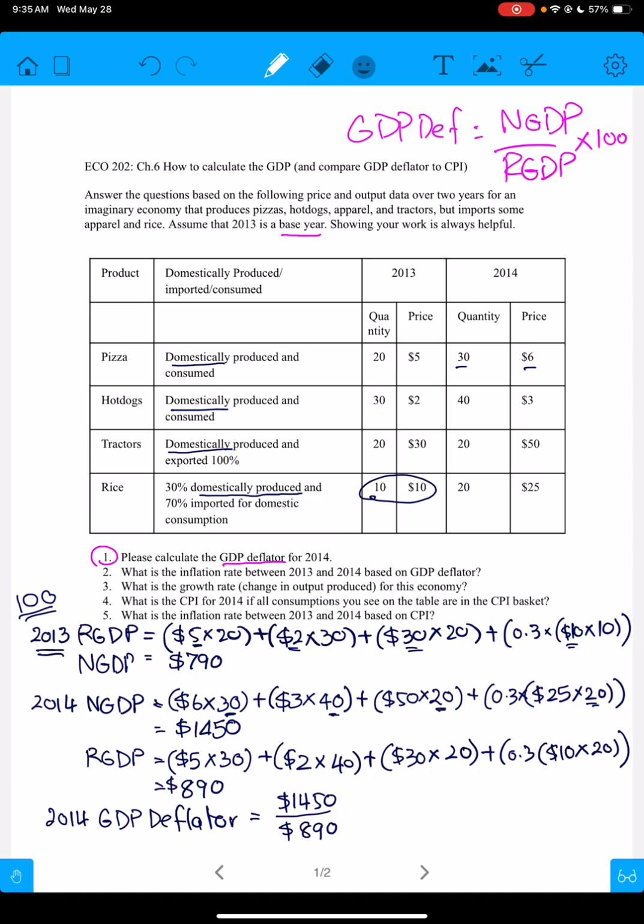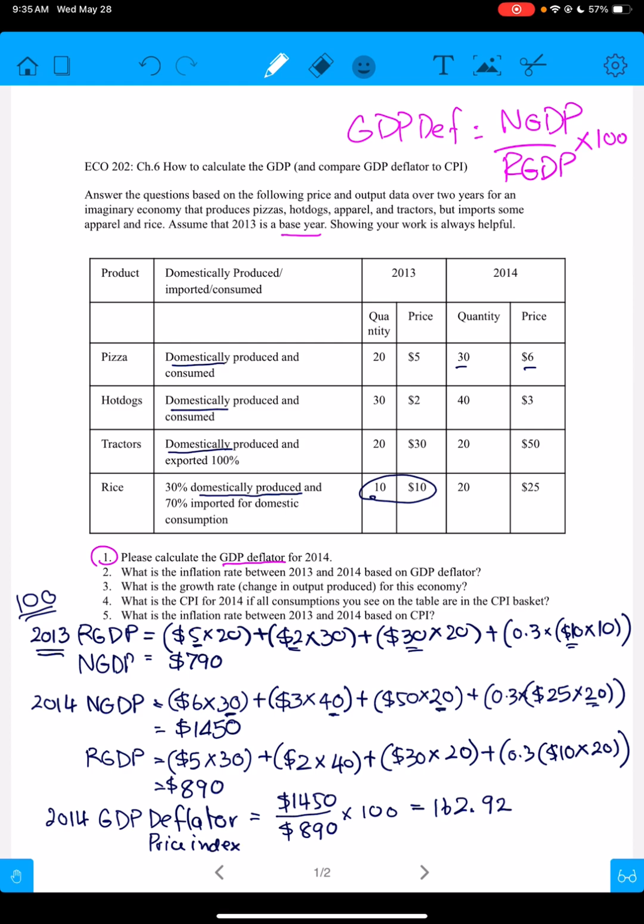It's the same as you deflating this. This is just a relative price, okay? So you have 1450 divided by 890, and that will be the value of 162.92. That's the GDP price index, okay? And another name is the GDP price index for 2014.